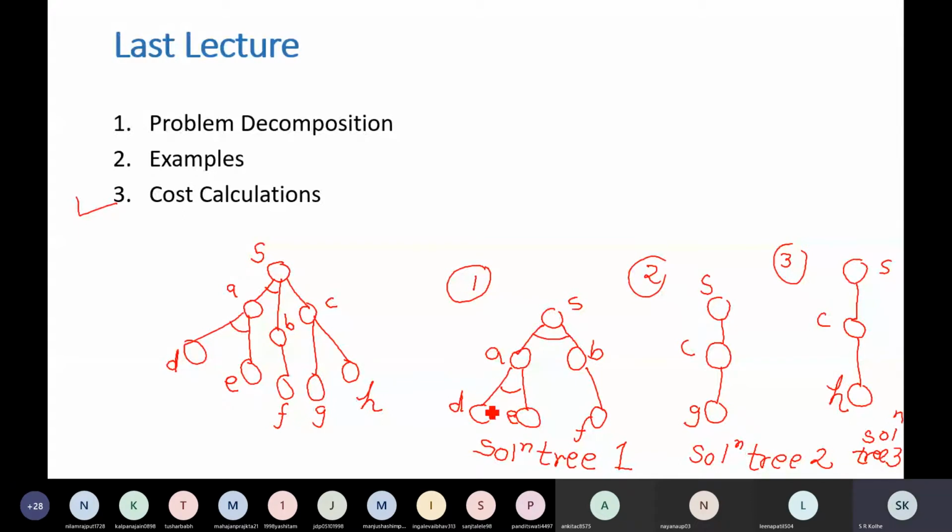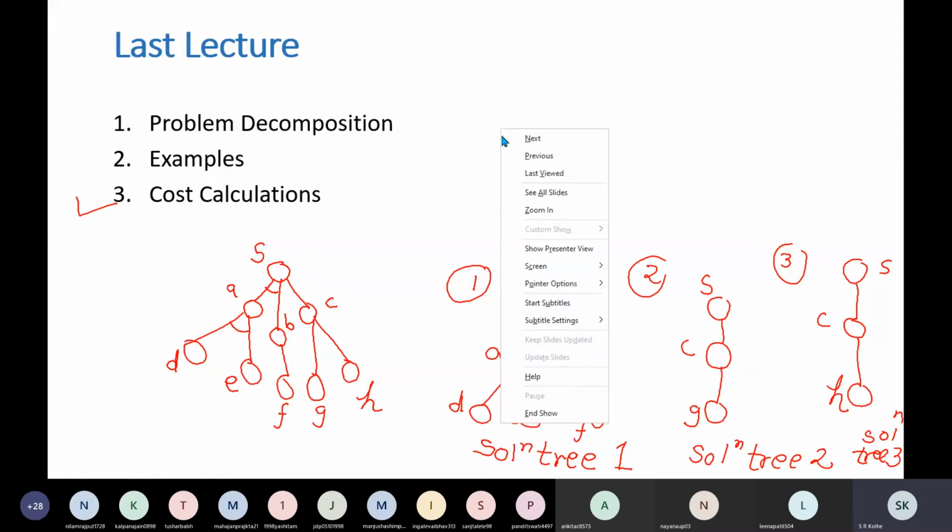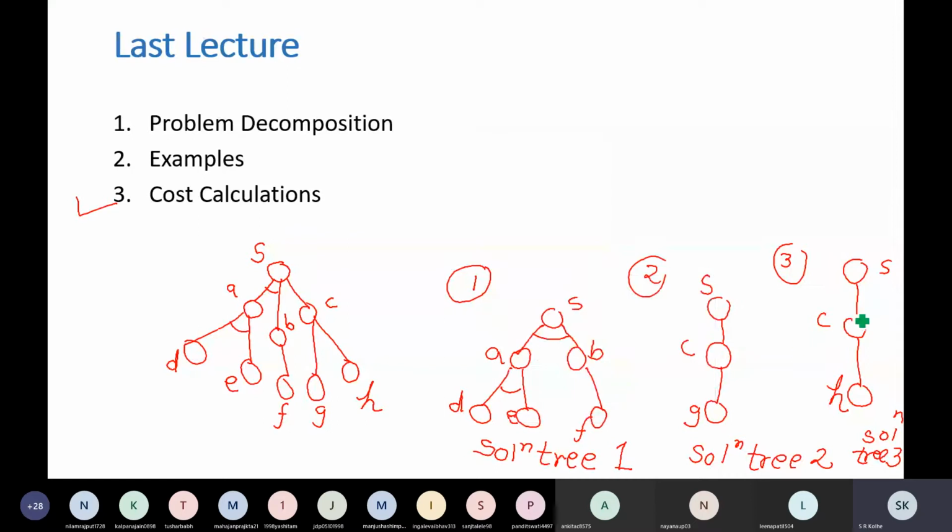Because come to this place in solution tree 1, now there will be a cost associated with node D and cost associated with node E. Suppose those costs are, cost associated with node D is 7 and E is 2. Now since this is AND, the cost associated with node A will change. Previously there might be some other cost.